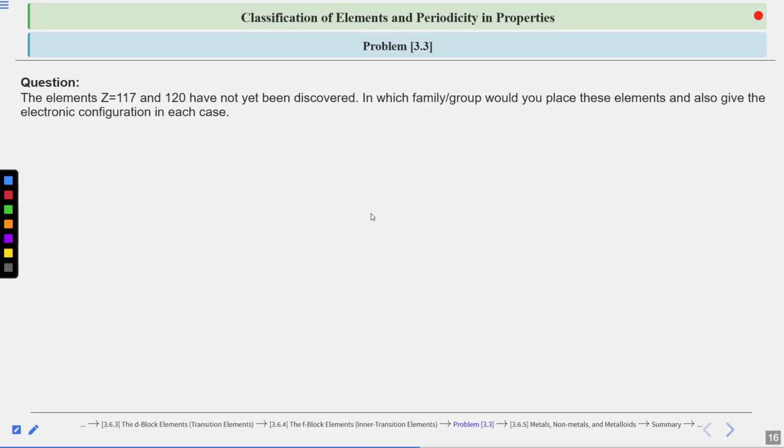Now here is a question for you. This may take time, but I am giving you some time to solve it. The elements with Z equal to 117 and 120 are not discovered yet. But if they are discovered, in which group should you place them, and what would be the electronic configuration of those two, that is, the 117 and 120 atomic number elements?